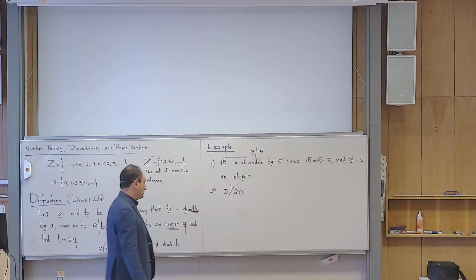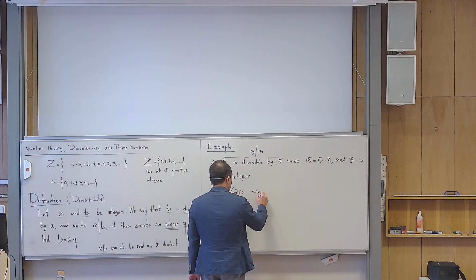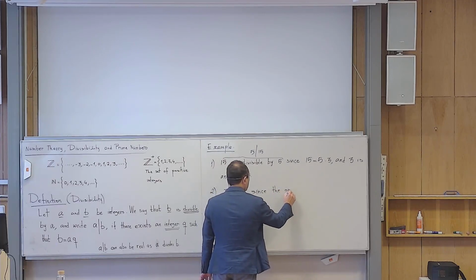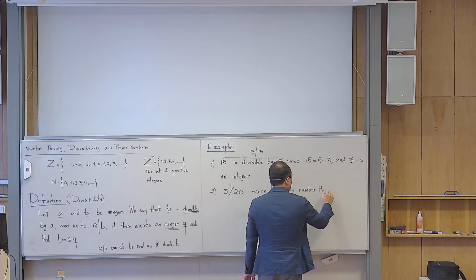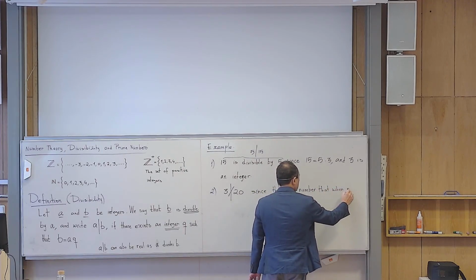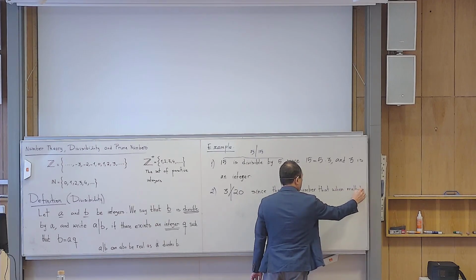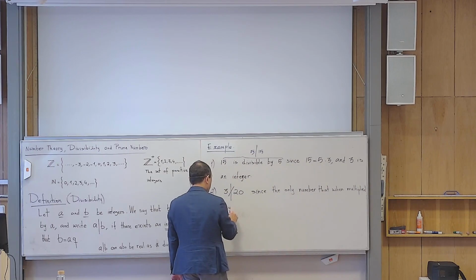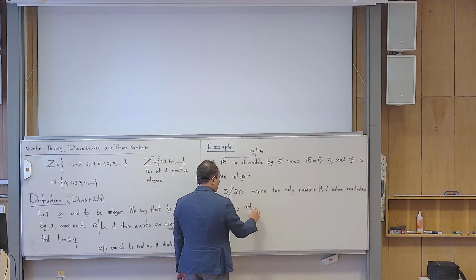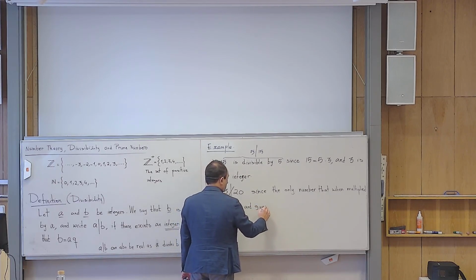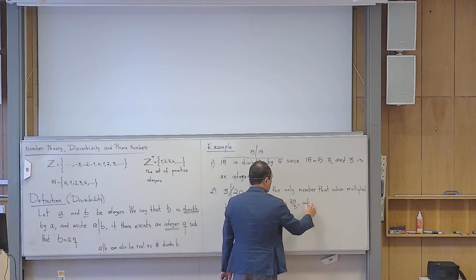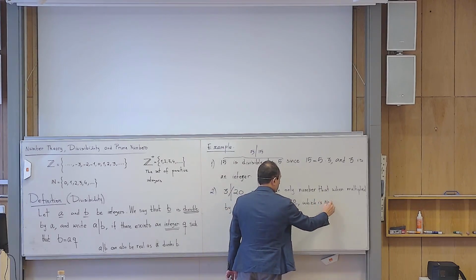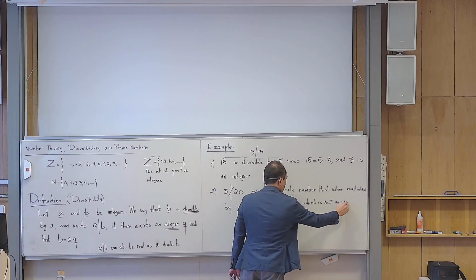In other words, the only number that when multiplied by 3 gives 20 is 20 over 3, which is not an integer.